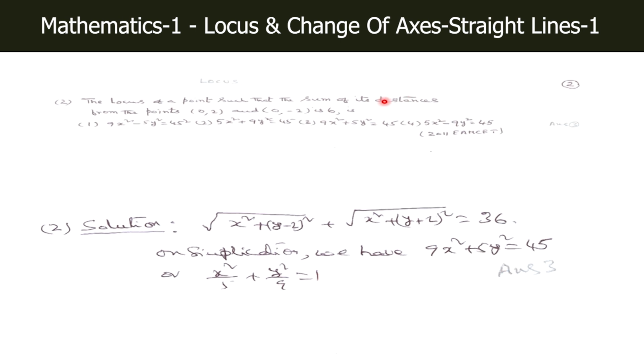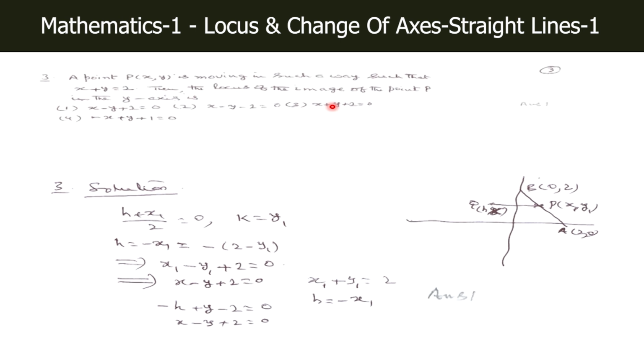Answer is 3. A point P(x, y) is moving in such a way that x plus y is equal to 2. Then the locus of the image of the point P in the y-axis is: x minus y plus 2 equal to 0; x minus y minus 2 equal to 0; x plus y plus 2 is equal to 0; and minus x plus y plus 1 equal to 0. Now the solution is: A is equal to (2, 0) and B is equal to (0, 2) are the intercepts of the given line on x and y-axis.